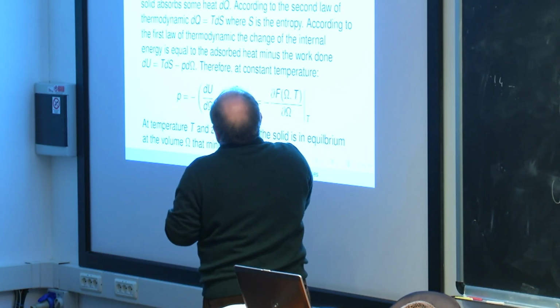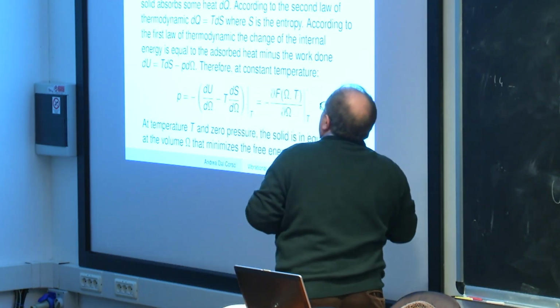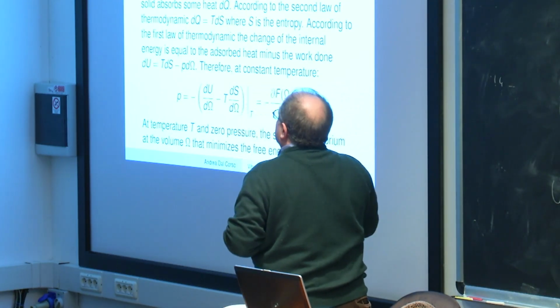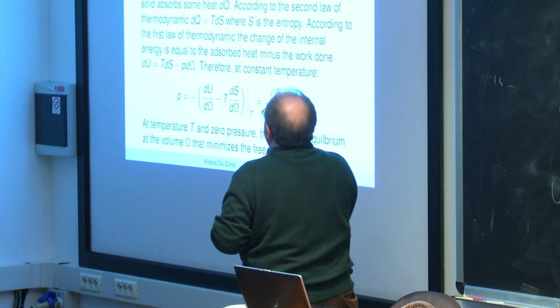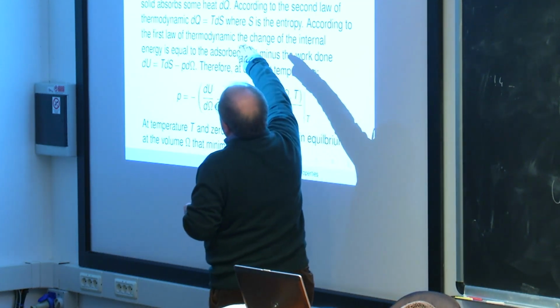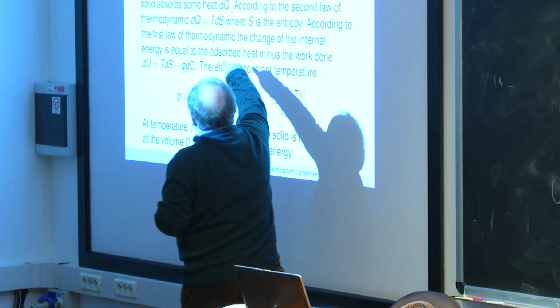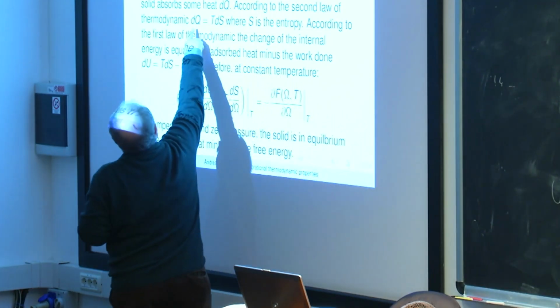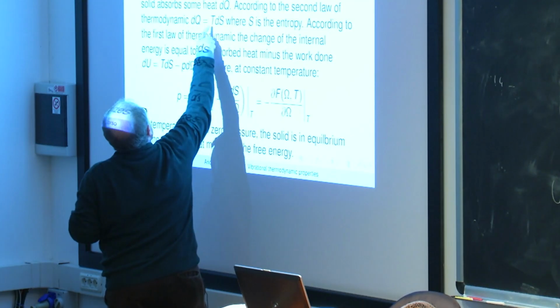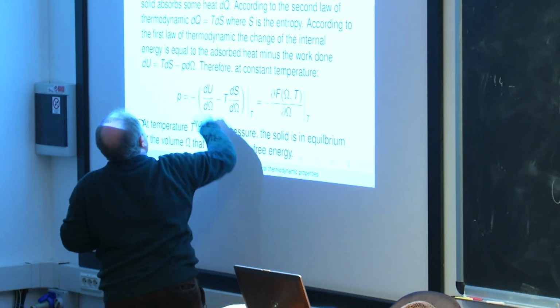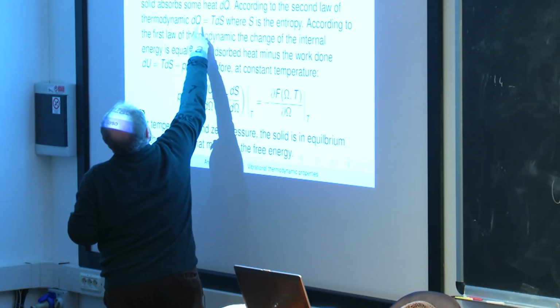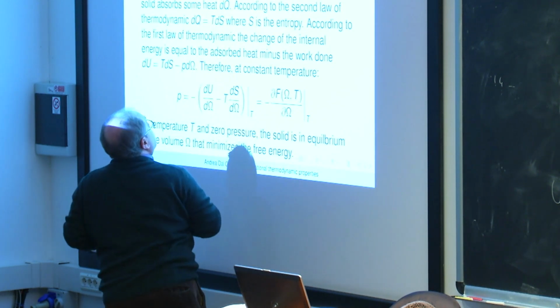And if we want to keep the temperature constant, we have to give some heat to the solid, and the heat can be written in terms of the entropy. So the change of entropy of the solid will be dQ, the heat that we give, divided by the temperature, or if you want, the heat that we give is T multiplied by dS.